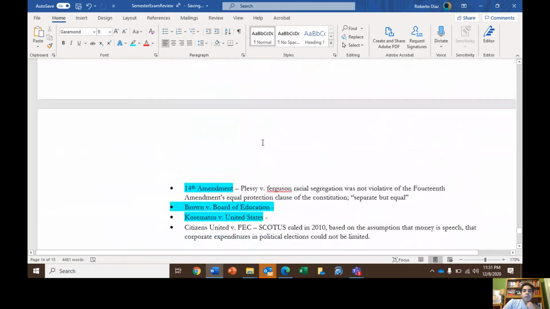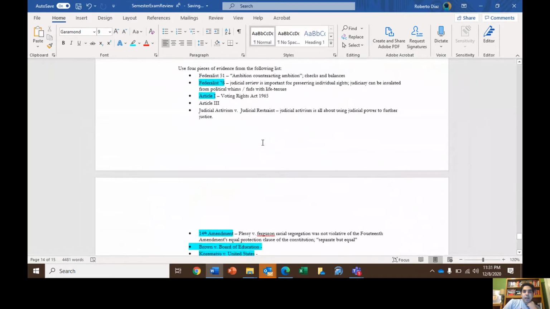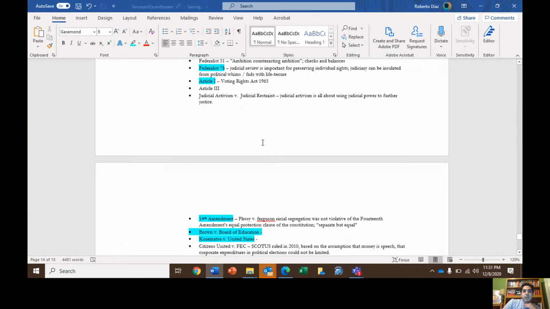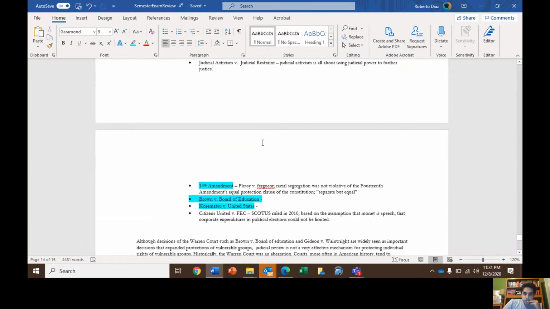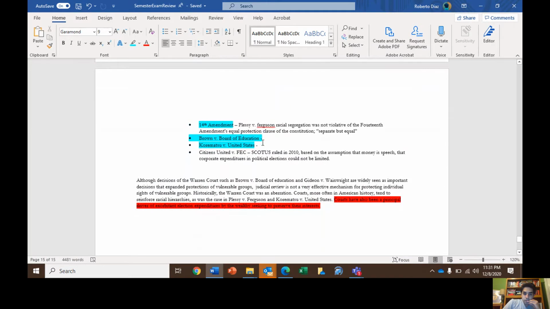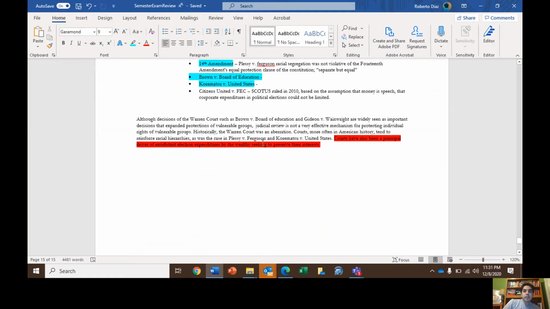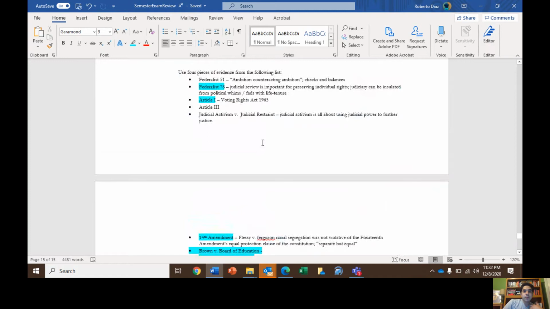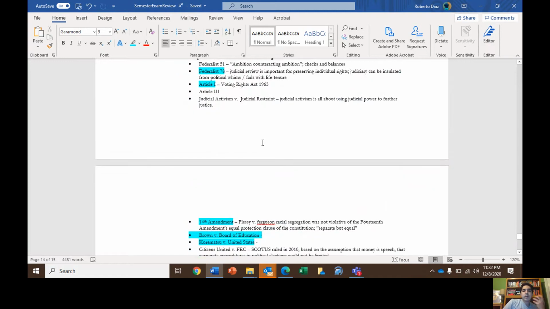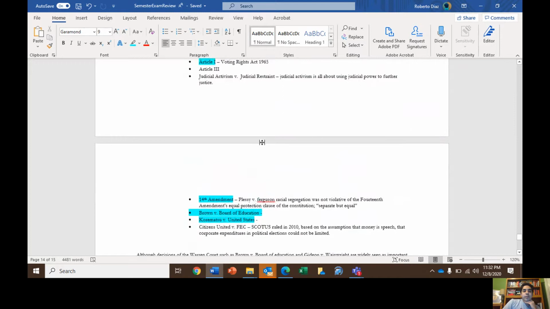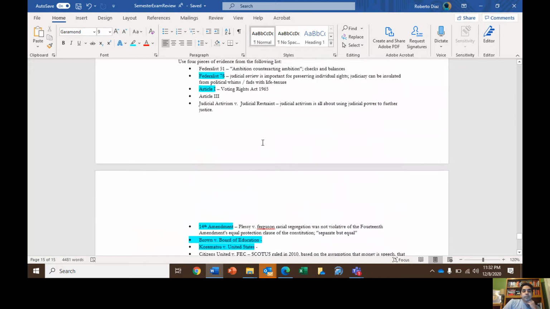Federalist 78 I'll probably use in my refutation part, as a kind of "although," because Federalist 78 suggests that judicial review will be an important mechanism for preserving individual rights. So let me see, where should I start?